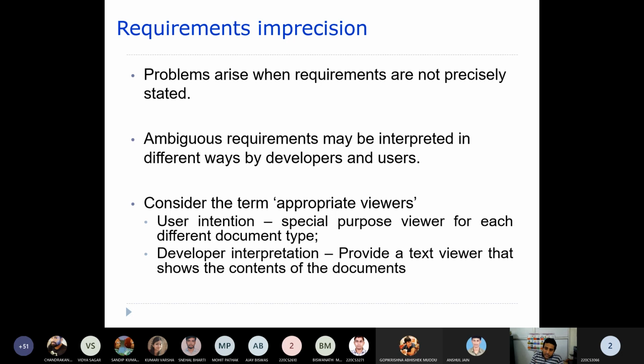But whether it is PDF, doc or Notepad is not mentioned, so the developer can go with any interpretation. That is what I am saying to you. The requirement should always be specified very precisely, and it should not leave multiple interpretations. That is requirement imprecision, and that is a problem.